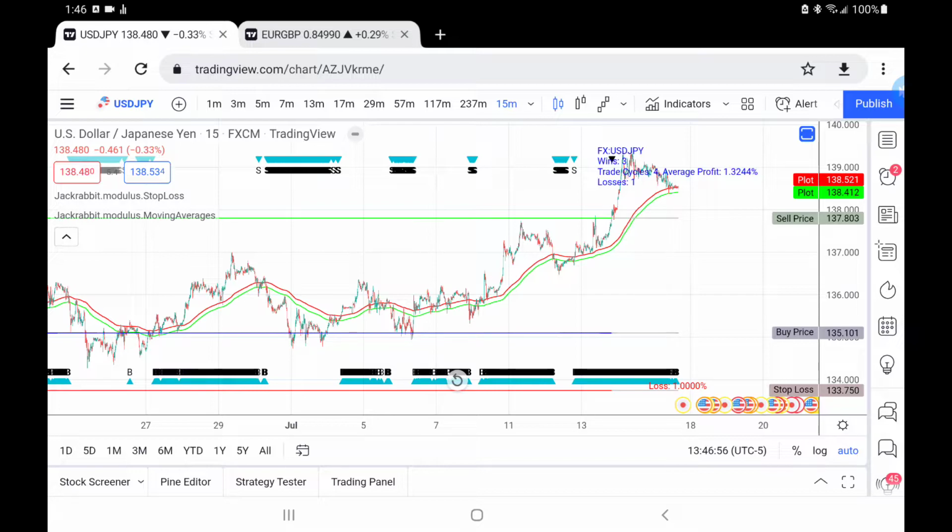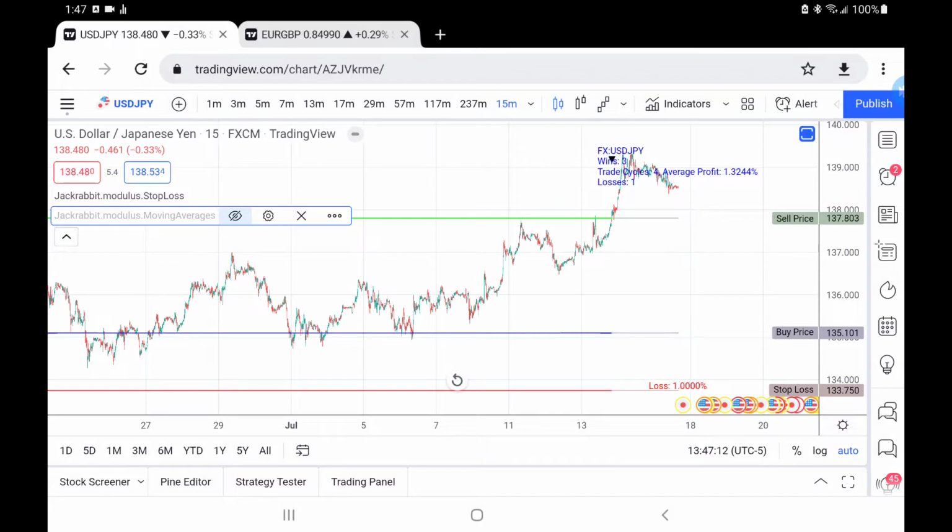For the purposes of a stop loss, the entire premise revolves around risk versus reward. How much are you willing to risk to get the reward? And there's actually different ways of calculating that information.